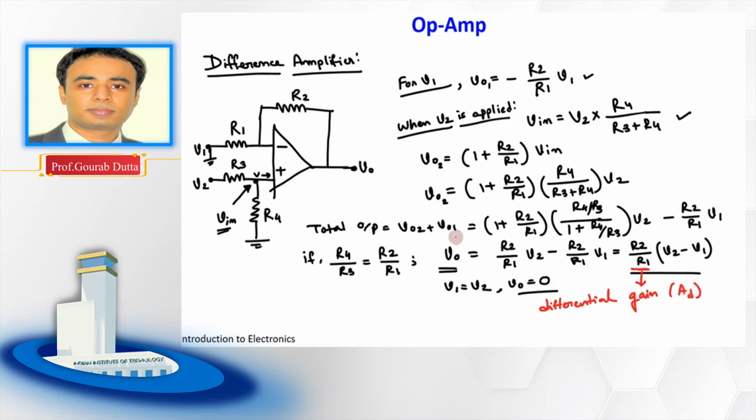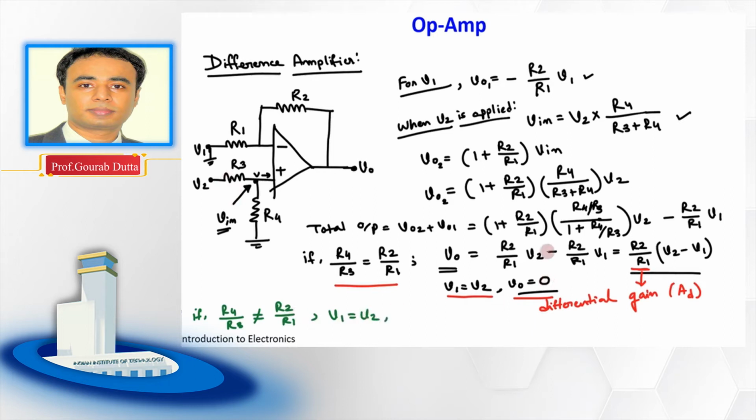Okay. So you understand that if this condition is satisfied, then for V1 equal to V2 we are getting output equal to 0, right? But what will happen if R4 by R3 is not equal to R2 by R1, and suppose V1 is equal to V2?